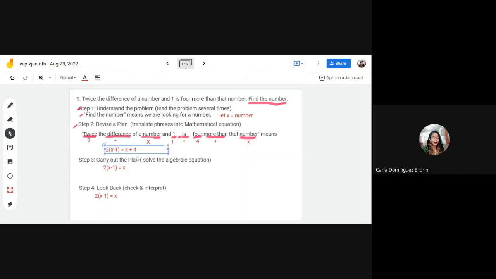We can now proceed to step 3. Carry out the plan and solve the algebraic equation. Given what we got earlier, 2 times x minus 1 is equal to x plus 4. So how do we solve this one?